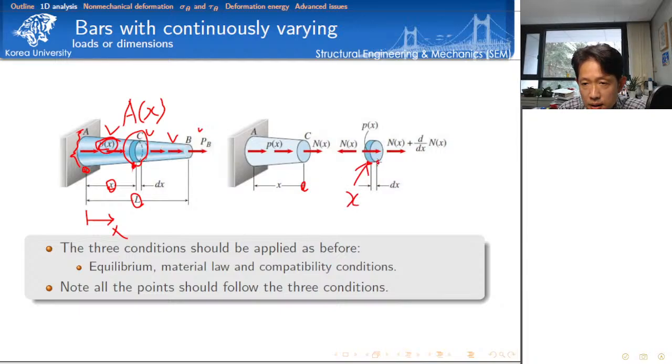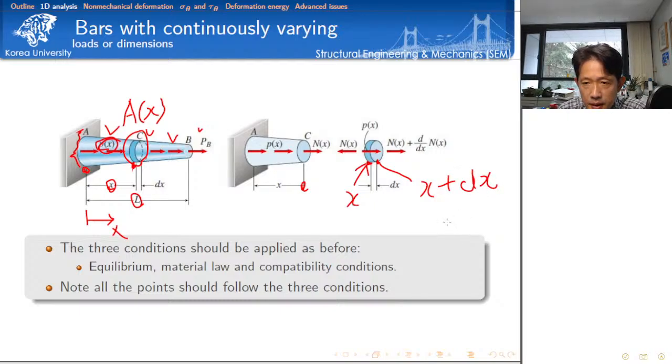If you look at the right-hand side, because the thickness of the segment is dx, the coordinate of the right point is x plus dx, isn't it? x plus dx.